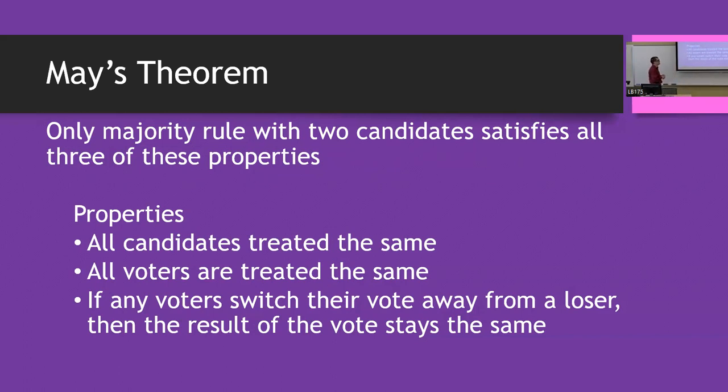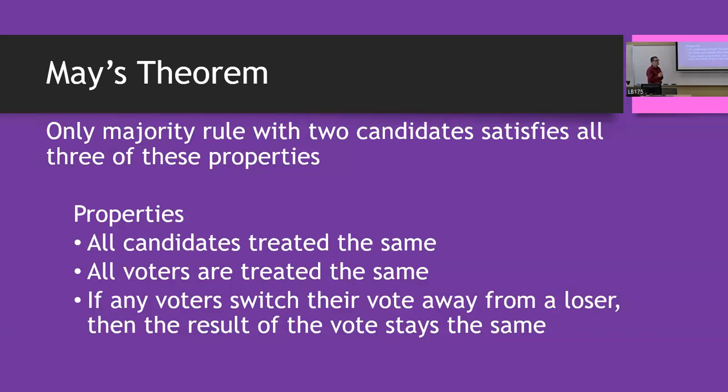But May's theorem says if you want all voters treated the same, if you want all candidates treated the same, and if you want this other property that if a losing voter switches their vote, the result stays the same, the only system that actually has that is majority rule with 2 options. Every other system violates one of those. And mostly it's the third property there.